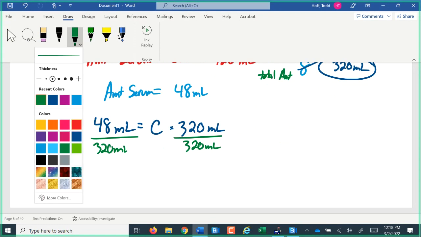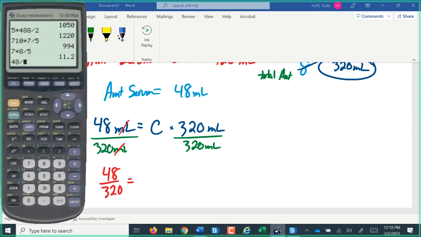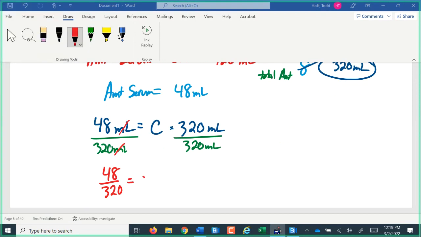So, of course, the milliliters cancel out. 48 over 320 is a decimal, 0.15. That's our concentration, which is 15%. So after going through that 3 in 8 dilution, our 40% solution is now 15% solution.